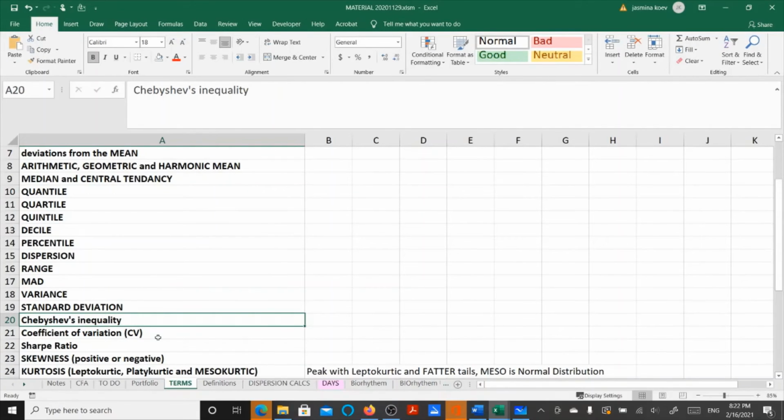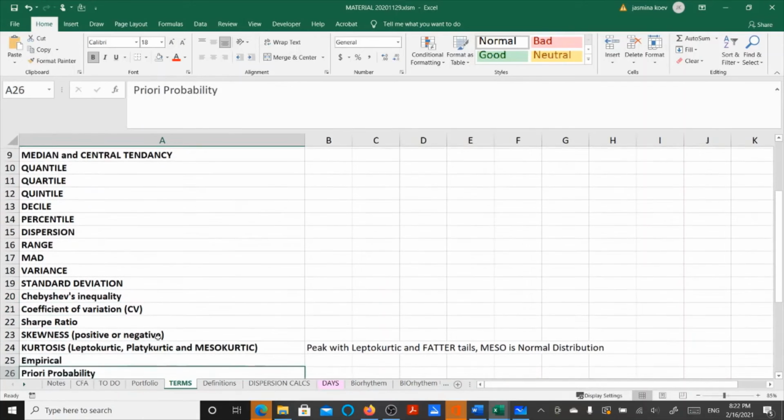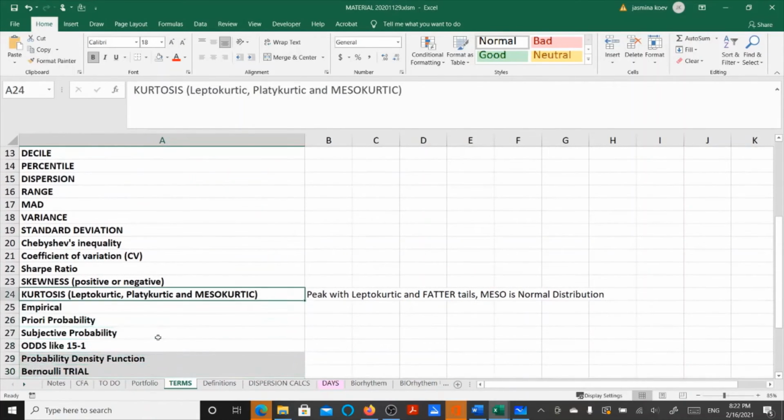I'll get back to coefficient of variation and Sharpe ratio shortly. I want to get a little bit into skewness, kurtosis, and wrap it up here. And then have a part 3. Again, these are refresher videos. This is going to lead up to a part 3, maybe a summary video.